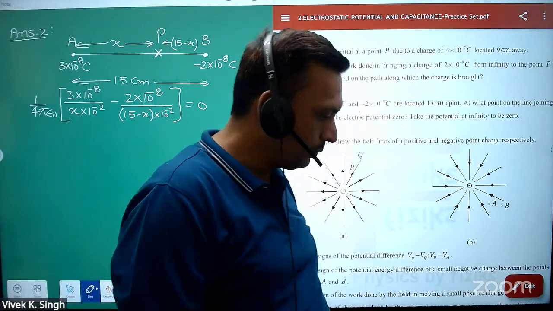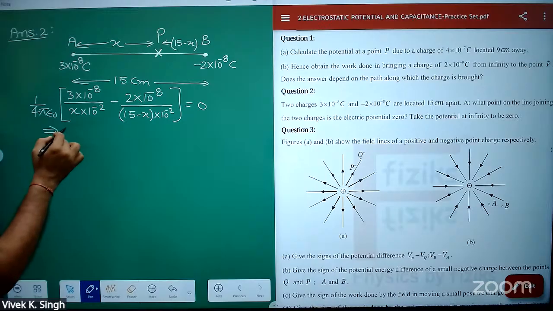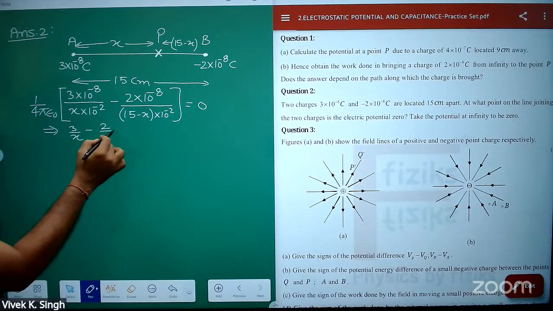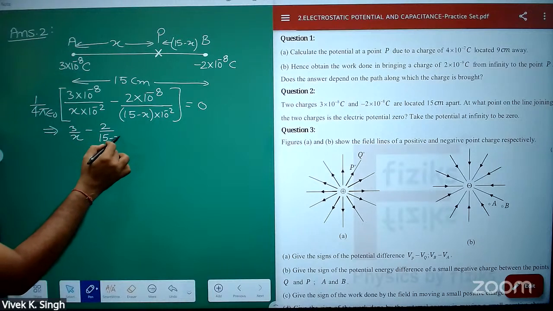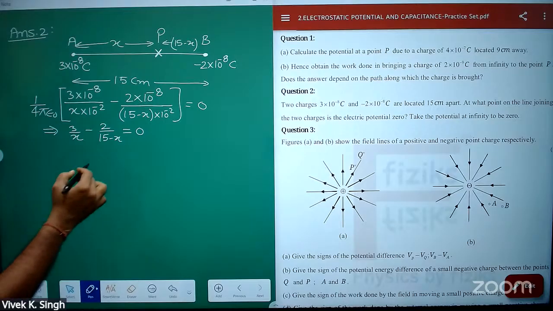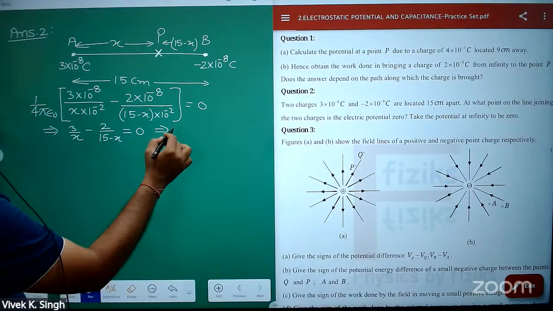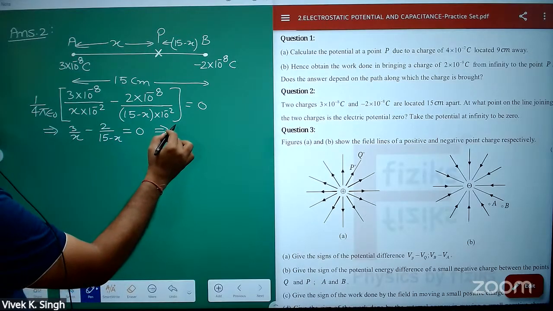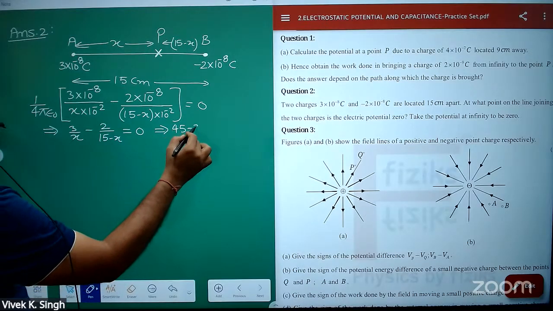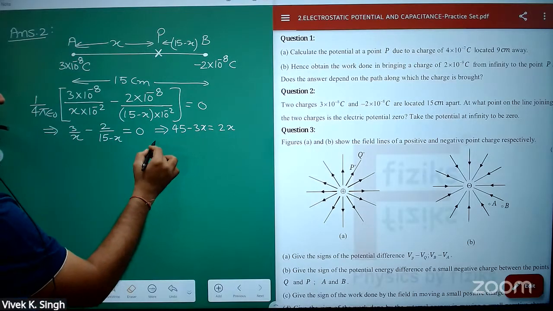Let's check this value. So this will give you 3 by X minus 2 by 15 minus X is equal to 0, and this will give you 45 minus 3X is equal to 2X.